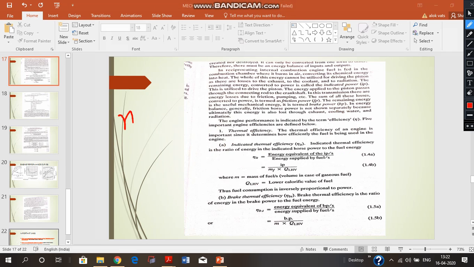What is mechanical efficiency, that is eta m, can be defined as BP by IP, brake power by indicated power. So this is one term which we define in order to assess the performance of the engine. Nearly we have 5 terms related to the engine efficiencies, and the next one is the indicated thermal efficiency, that is eta IT.